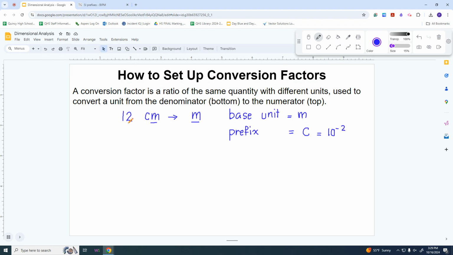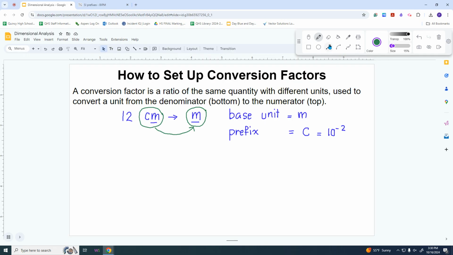So basically, you are converting from, I'm going to use green, you are converting from centimeter, follow the arrow, to meter.